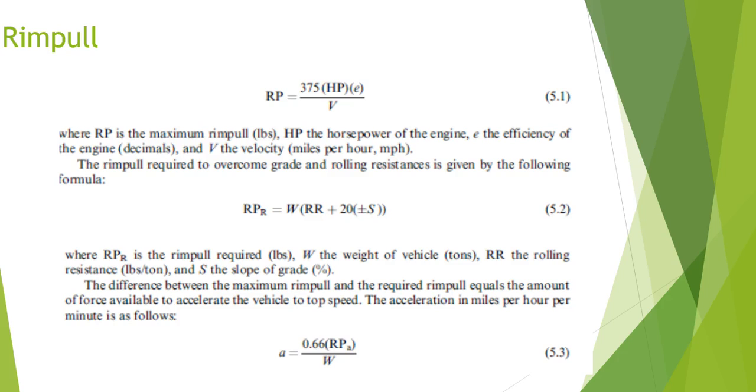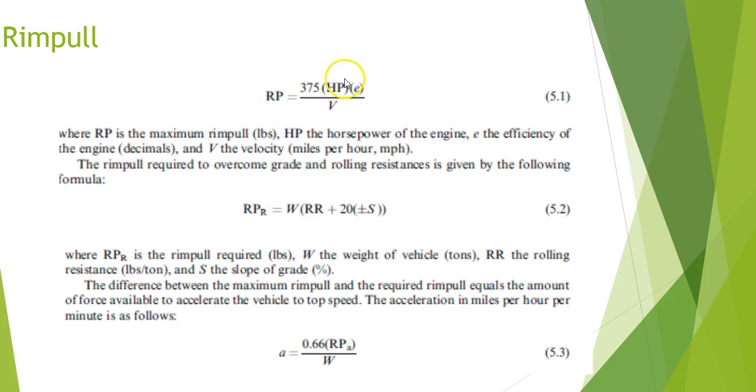I mentioned a minute ago rim pull, and rim pull is the energy that's transmitted to the wheel of the vehicle and then down through the tires to the ground. So rim pull is just a measure of the energy that can be used to move a load, and it's a function of a couple things.